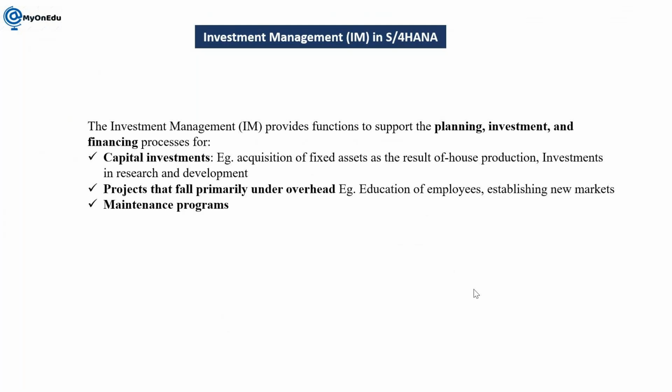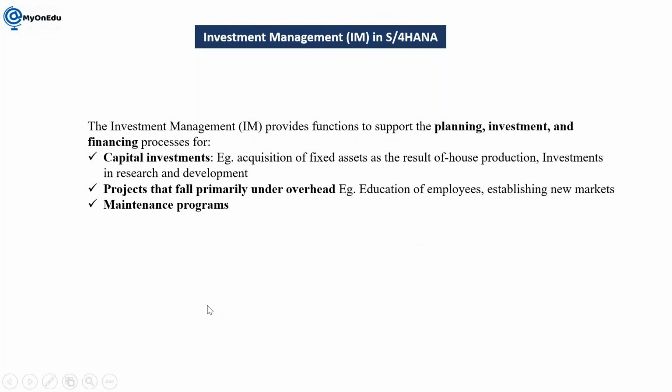If we understood the three different types of projects we have in Project System, we can easily understand that these are the major processes where we are going to use Investment Management.